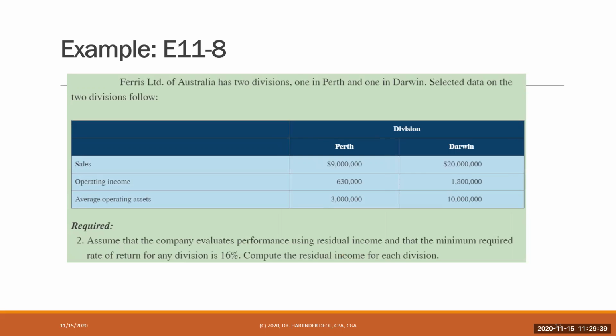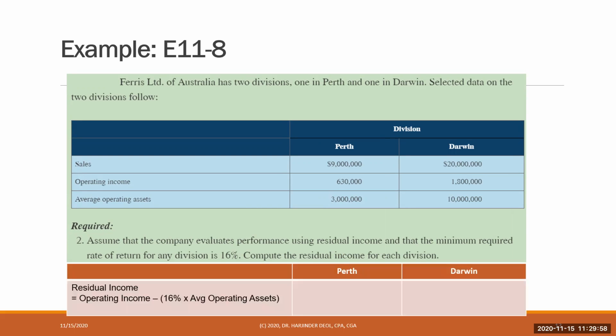Same facts, the second requirement. Assume that the company evaluates performance using residual income, and the minimum required rate of return for any division is 16%. Calculate the residual income for each division. So here, the calculation for residual income is operating income minus the minimum income.